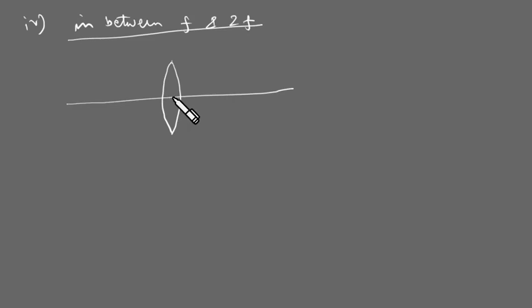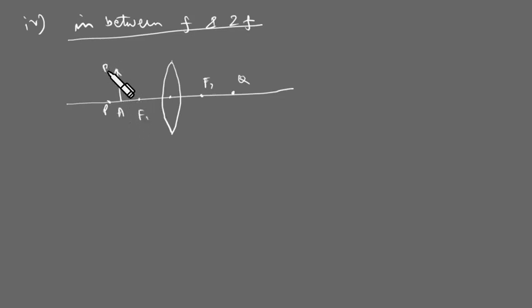Again we will take the 4 points from the optical center, F2 here, F2 second principal focus, and then at 2F distance Q, and then F1 here at 2F distance P. Somewhere here is P. Now we will keep the object between F and 2F, means between F1 and P.